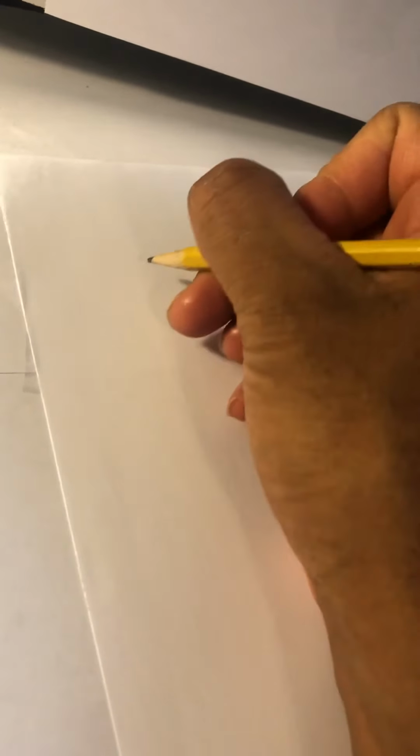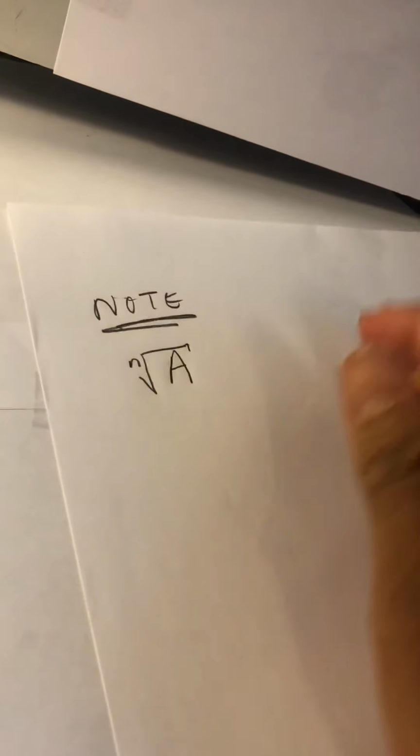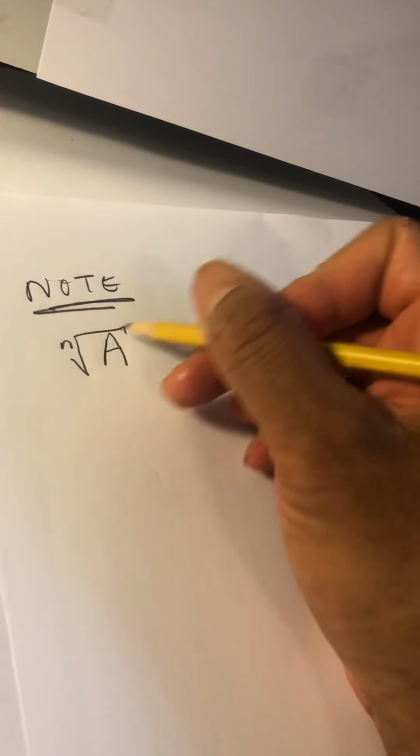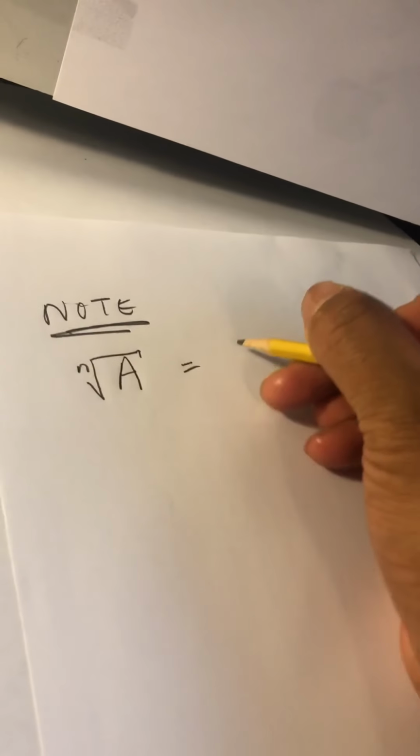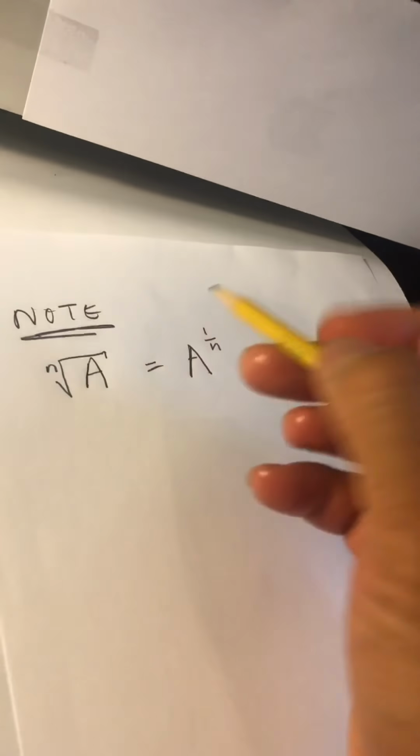Okay, I want to say a few more things before we go, just to make a little bit more sense of this. So by definition, still talking about radicals, note that the nth root of, say, a, I'm not using big N anymore because I don't want to confuse it with this little n, is just going to be a to the 1 over n by definition.